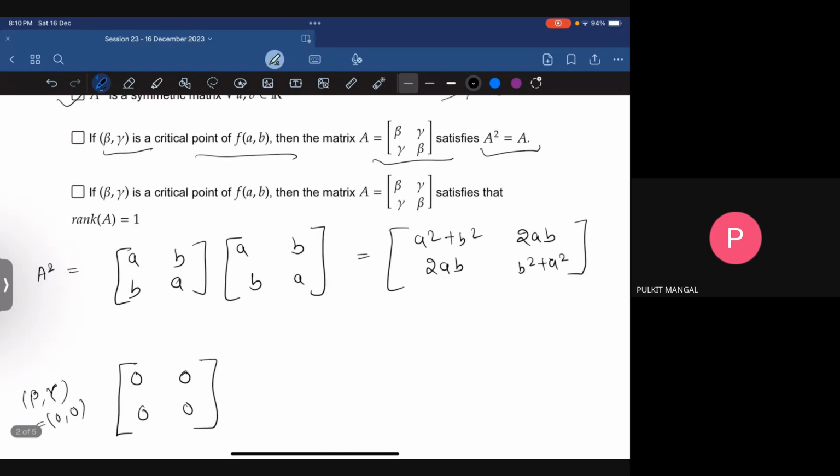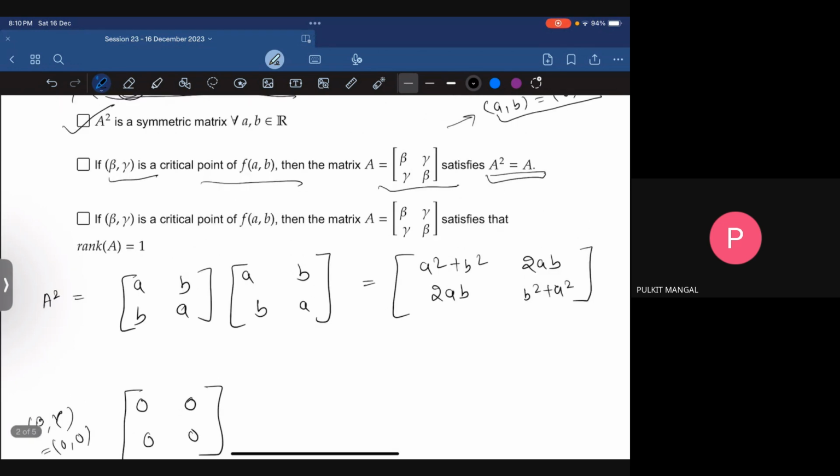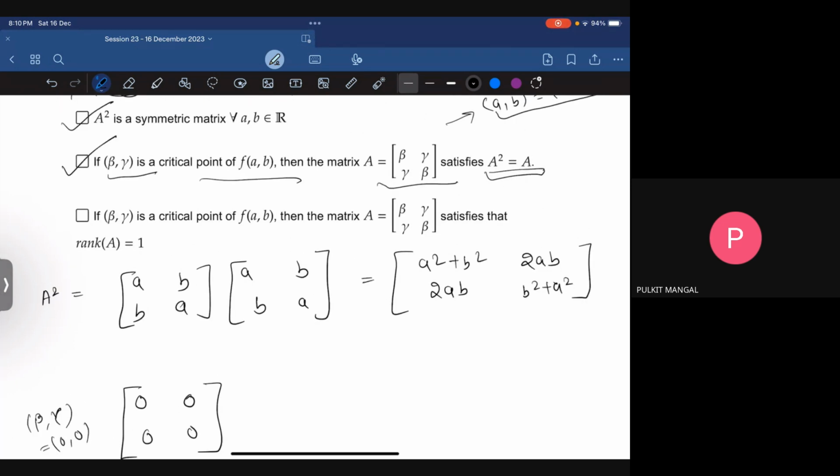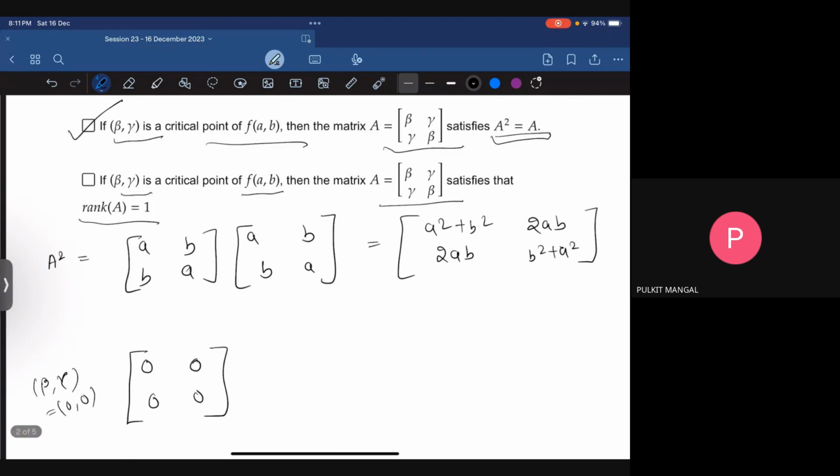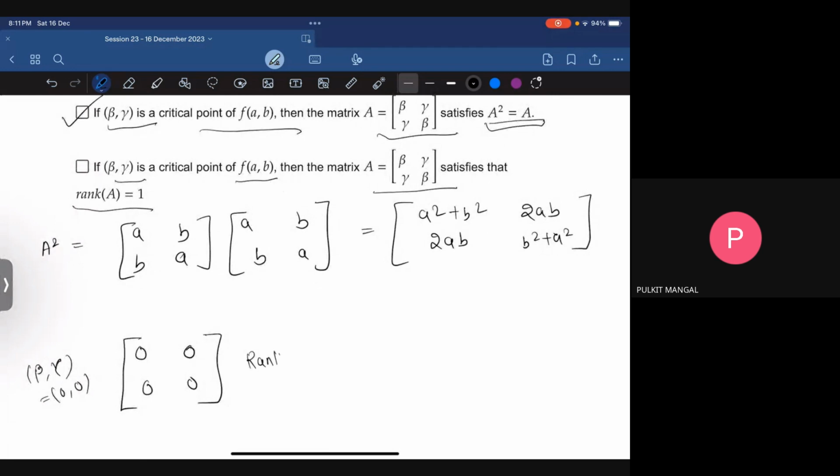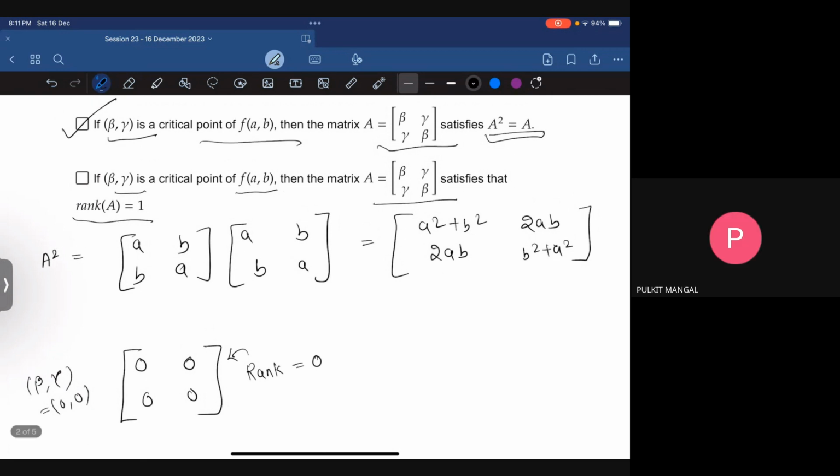So it satisfies the criteria A square equal to A, because if you square the 0 matrix, you will again get the same matrix. So this is also correct. Next, if (beta, gamma) is a critical point of the function, then the matrix A satisfies that the rank of A is equal to 1. What would be the rank for this matrix? 0, correct, because all the rows are 0, so the rank of the matrix would be 0.